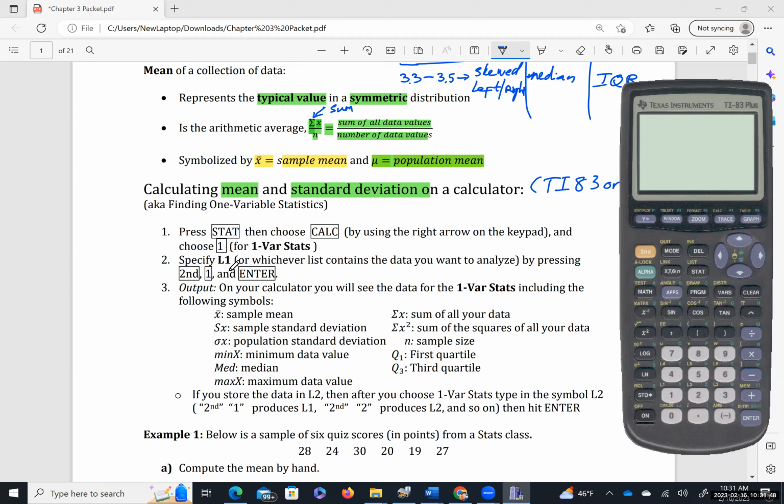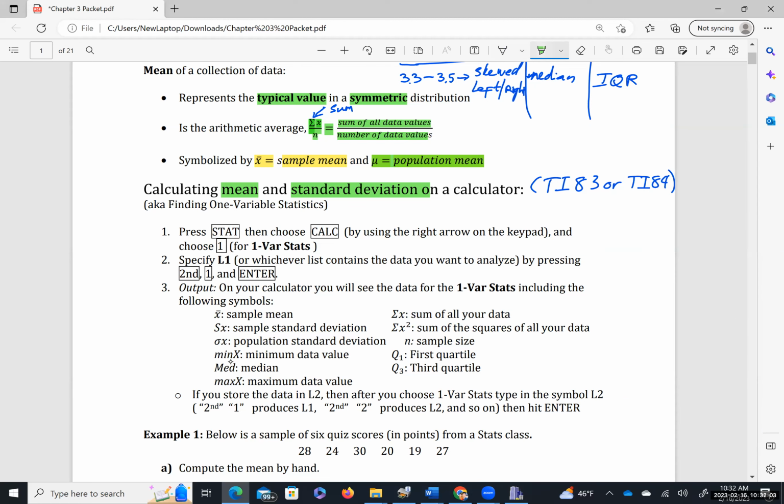So I have detailed instructions here for you to follow, but we need some data, right? We can use example 1 here as the data that we collected from a sample of 6 quiz scores.